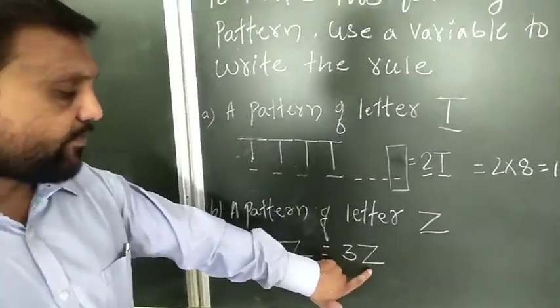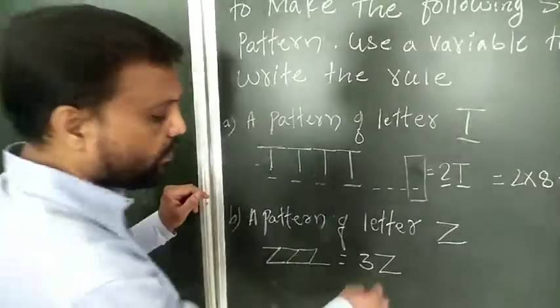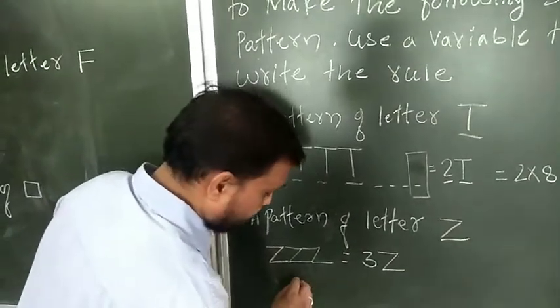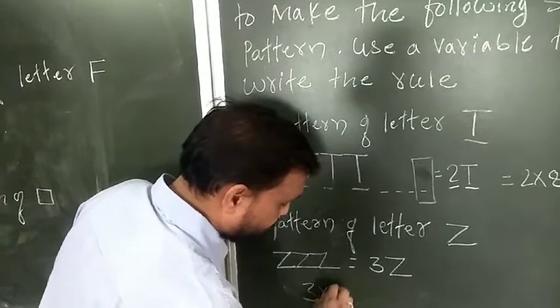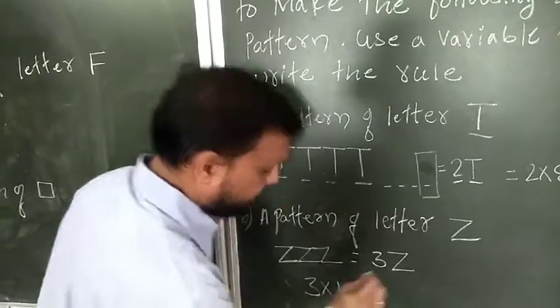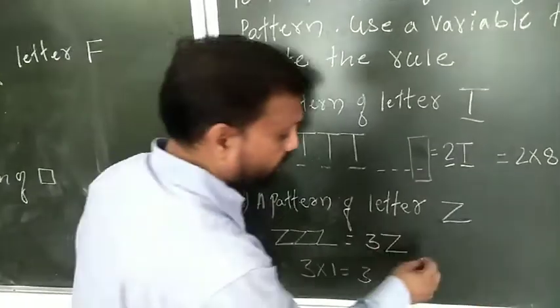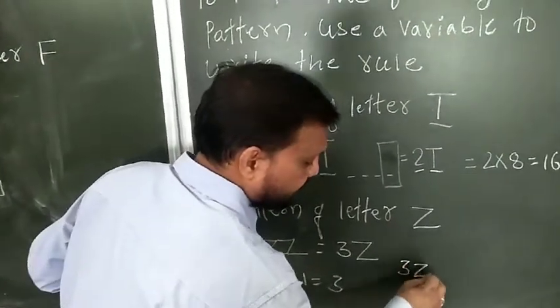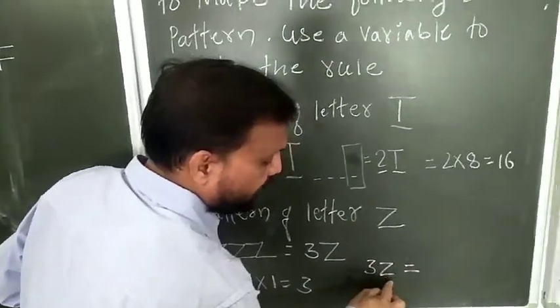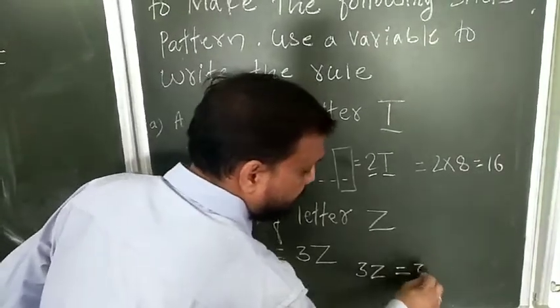So if I want to make 1 Z, how many sticks do I require? 3. So 1 Z is equal to 3 sticks. If I want to make 2 Zs, how many sticks do I require? The rule is 3Z. So in the place of Z I want to write 2.